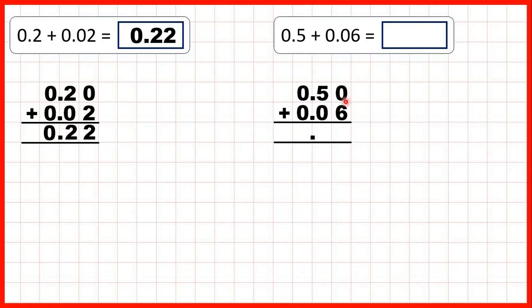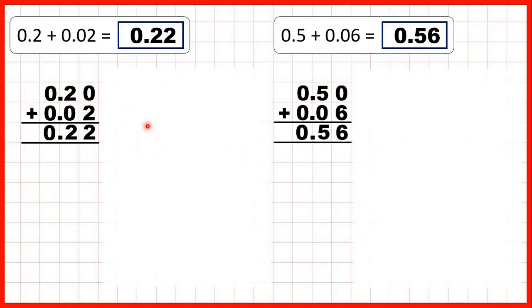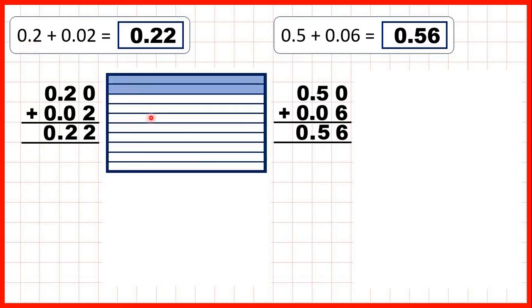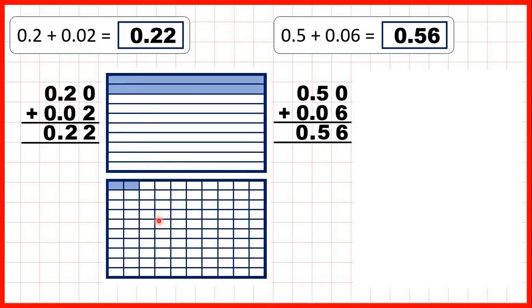Now, 0 plus 6 is 6, 5 plus 0 is 5, and 0 plus 0 is 0, so our answer is 0.56. Let's have a think about how this works. For this first question, we started with 0.2, so that's 2/10, and we were adding 0.02, so that's 2/100ths.